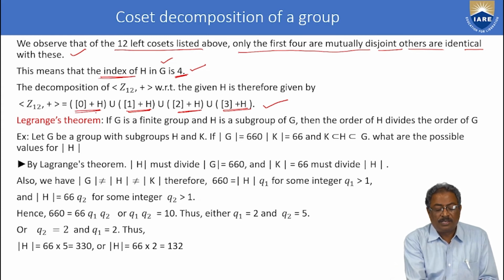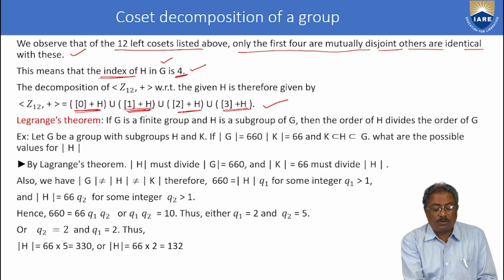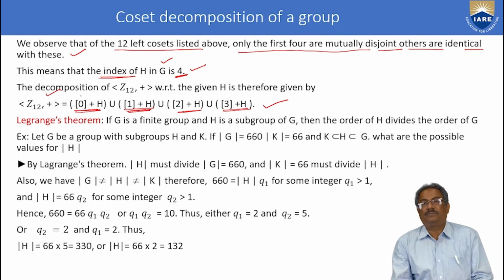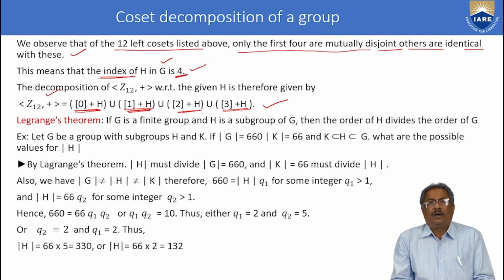So we get 0 plus H, union 1 plus H, union 2 plus H, union 3 plus H, which is nothing but the decomposition of this. Now, these are the left cosets.